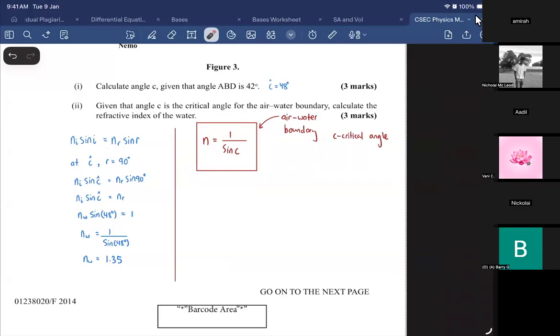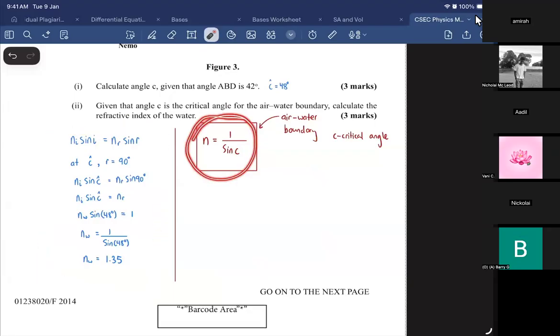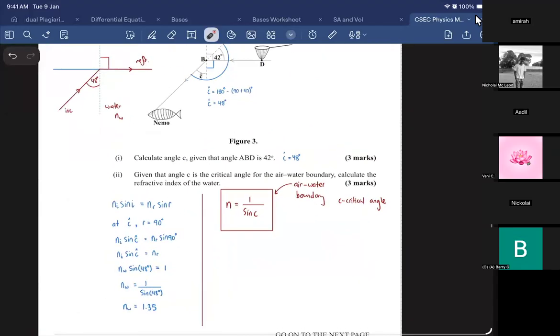So anytime you see a question like this, my advice is just use this formula. If you do forget, you could derive it using the long method I showed you, but try to remember this. I'll explain it one more time and we'll move on.